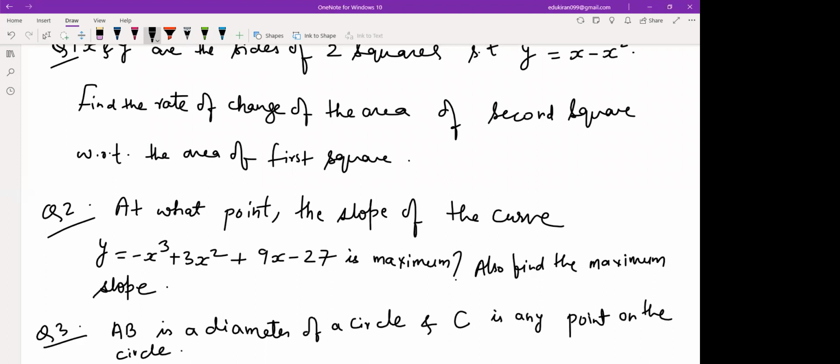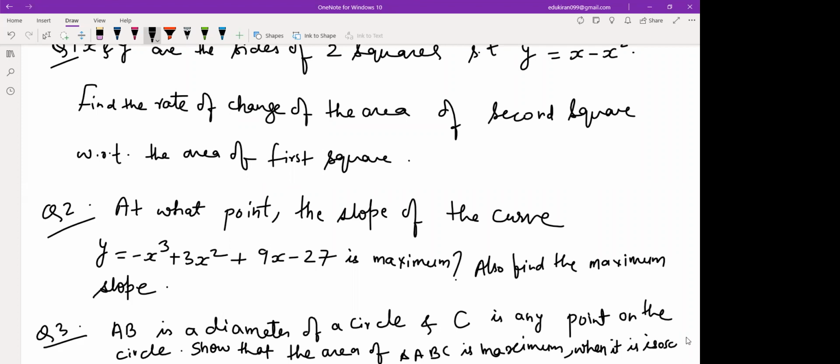Show that the area of triangle ABC is maximum when it is isosceles. These three questions are there. Have you started doing? Yes, sir.